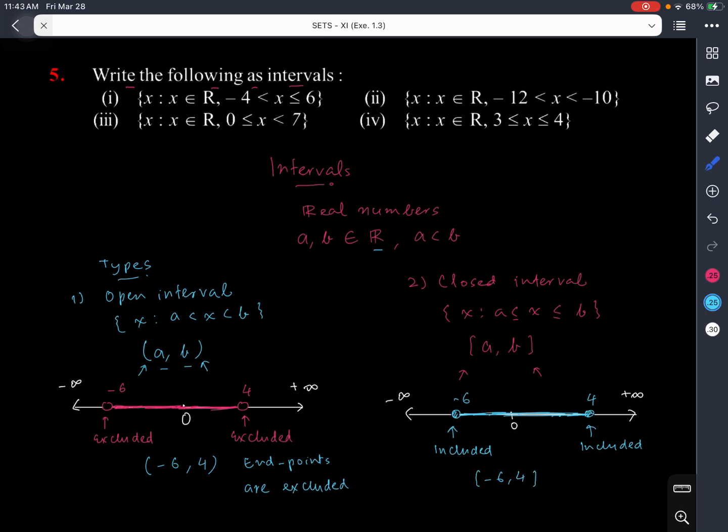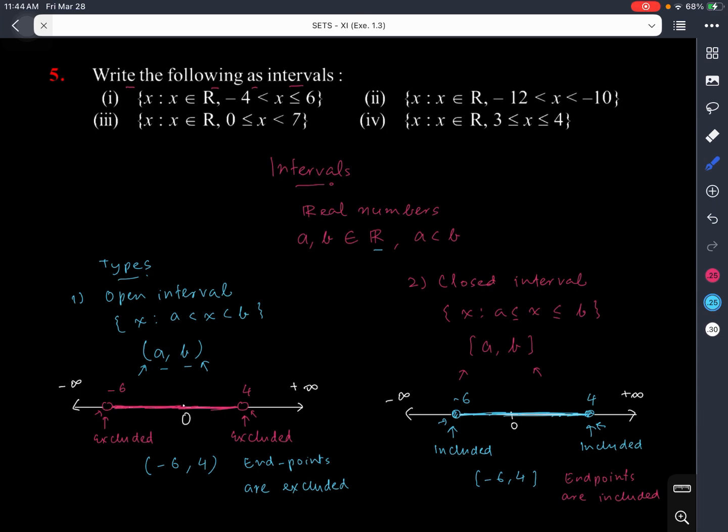So these brackets, as stated earlier, mean that the interval is closed. So here endpoints are included. The reason why in first case we used these empty endpoints, and in this case we have used these filled endpoints or solid endpoints.